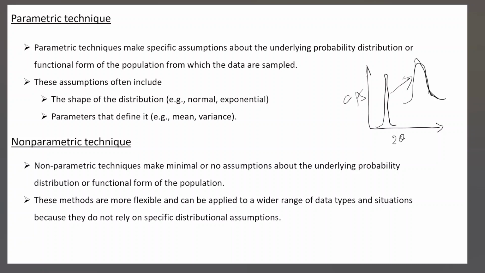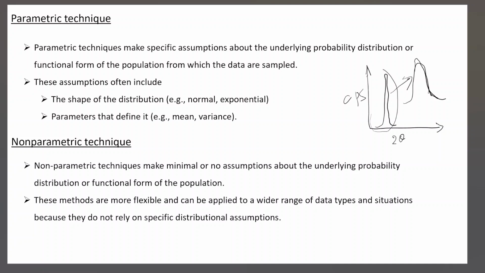This is called the parametric technique, where we make a specific assumption about the underlying probability distribution or functional form, the function of the population from which the data are sampled. These assumptions often include the shape of the distribution.